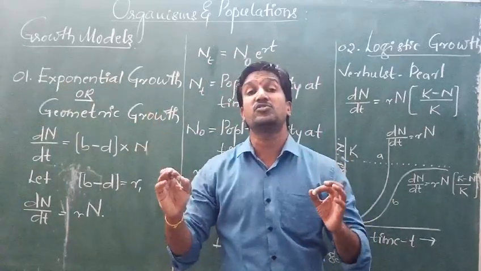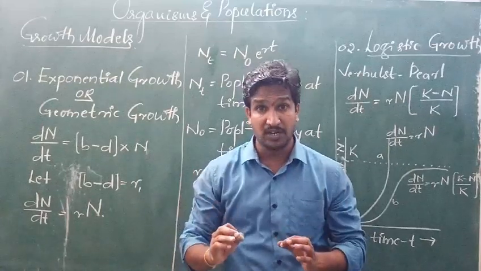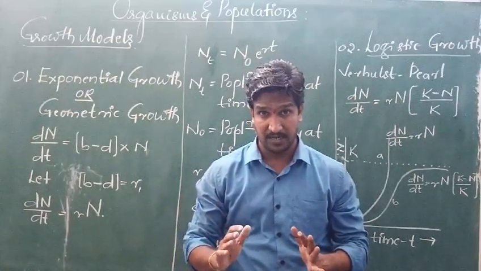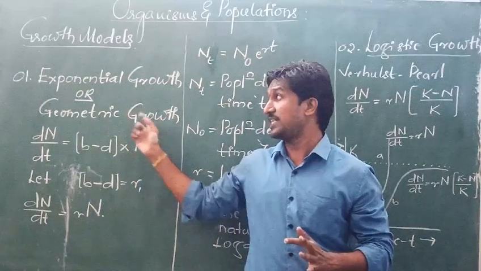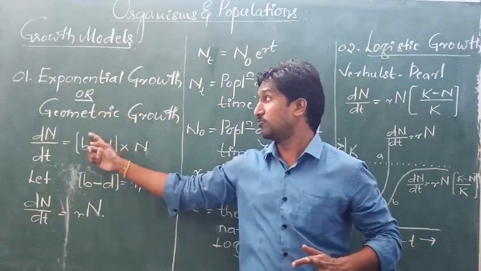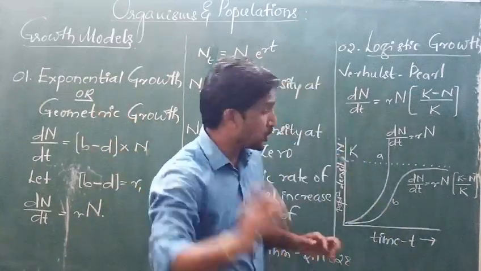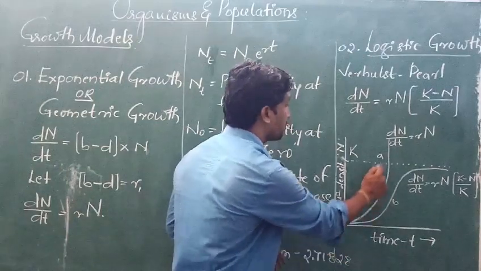That is the important point. When natural resources are unlimited, the growth curve is called exponential growth, also called geometric growth, and its shape is a J shape.